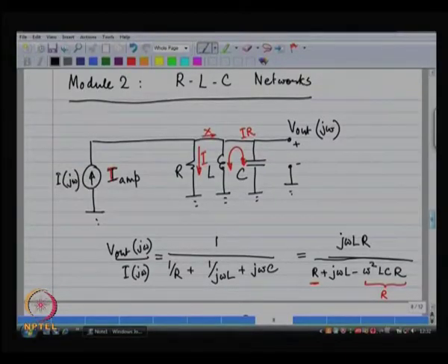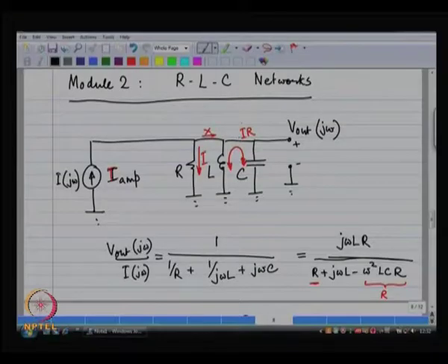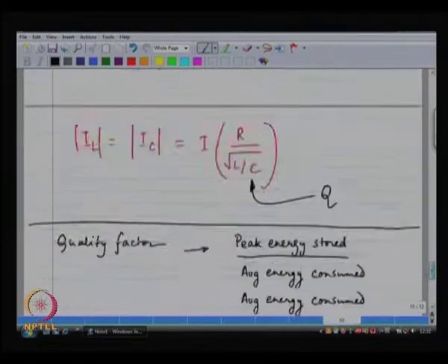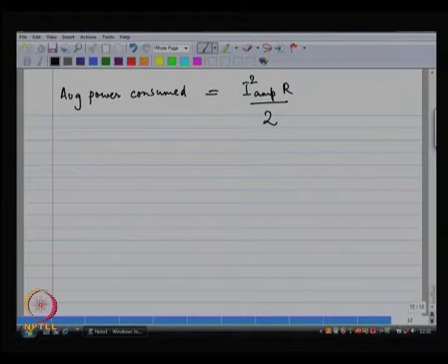The energy stored in a capacitor is half C V squared. The peak voltage across the capacitor is I amplitude times R. So, I amplitude times R, that is the peak voltage.